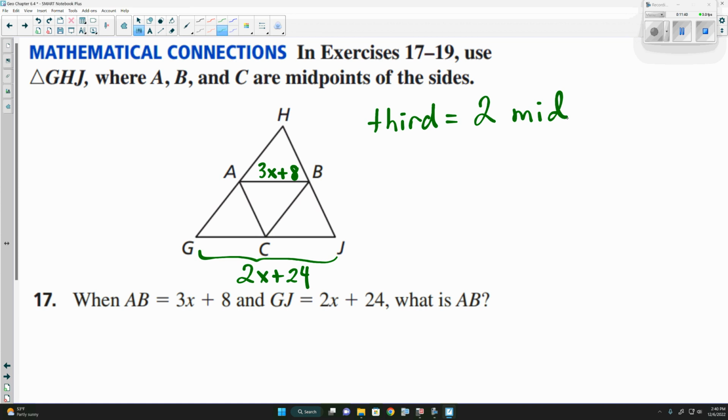Third side's what? 24. The mid-segment is? We're still doing the same thing, setting it up the same way we did before, but this time we have 2 equations.